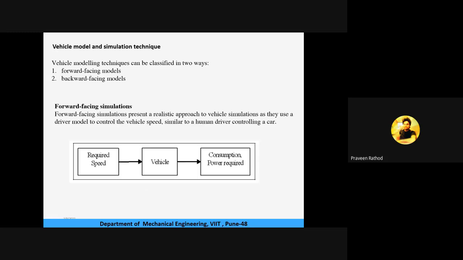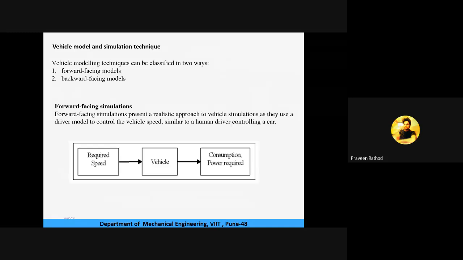Okay, so with the help of comparing both the wheel speeds, so actual speed and reference speed, whatever error is generated, with that error the control signal which is generated is used to power the vehicle. Over here, which driver models are we going to use? The PI controller. So I'll show you.